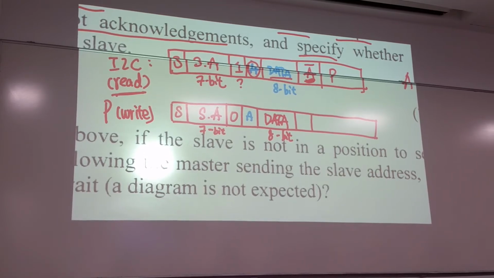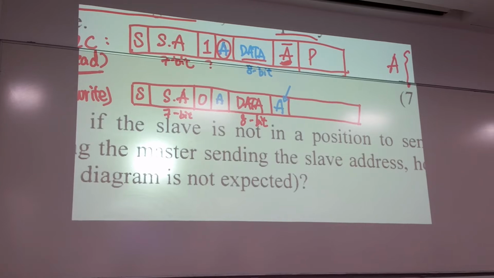It should be A. This A means this byte is received successfully. So there's a little bit of difference between the master's acknowledge and the slave's acknowledge. Then after that, you finish the data transmission.